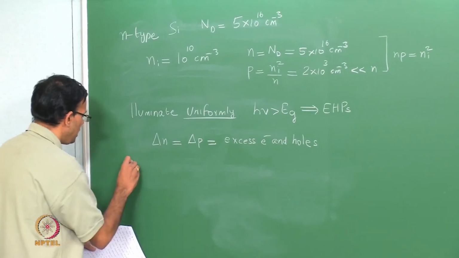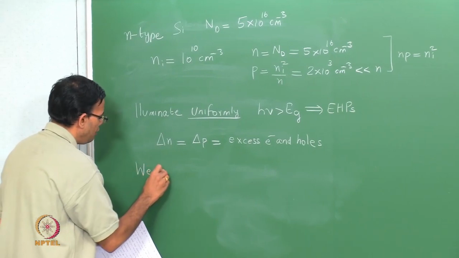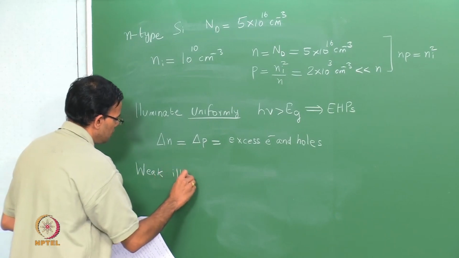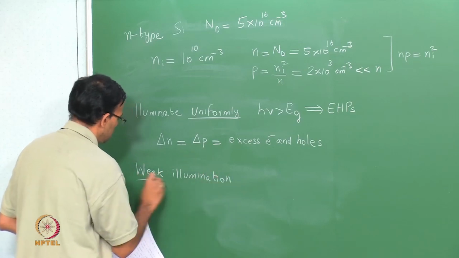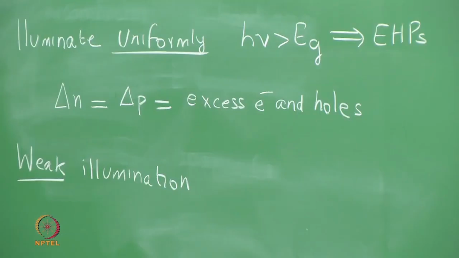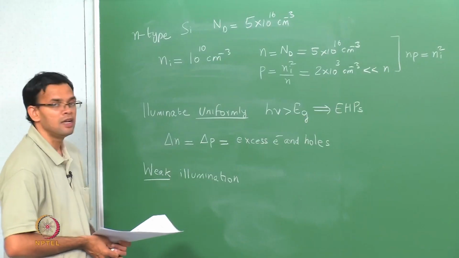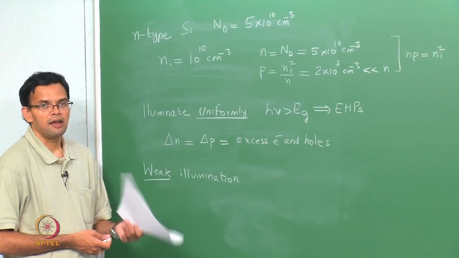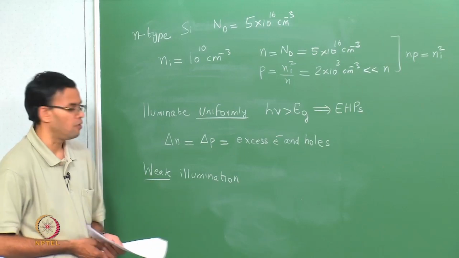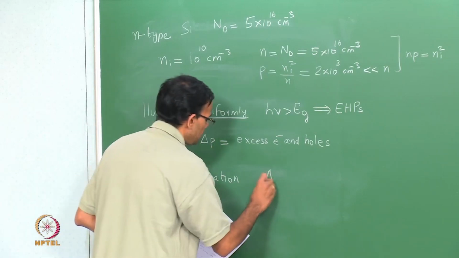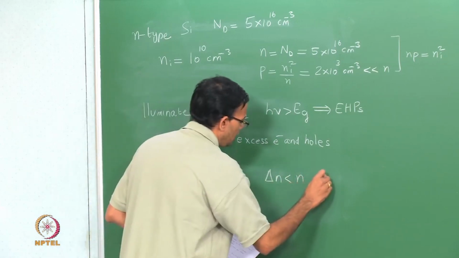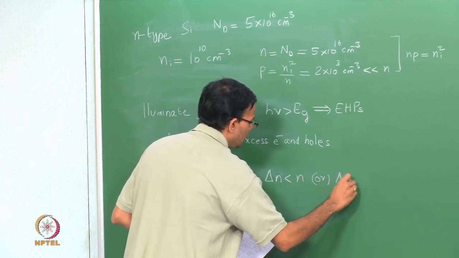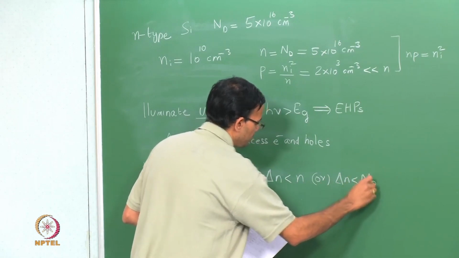We define a condition which we call weak illumination, in which case the excess majority carriers, which is electrons, is less than the carrier concentration in the bulk of the material. So, delta n is less than n, or delta n is less than Nd.